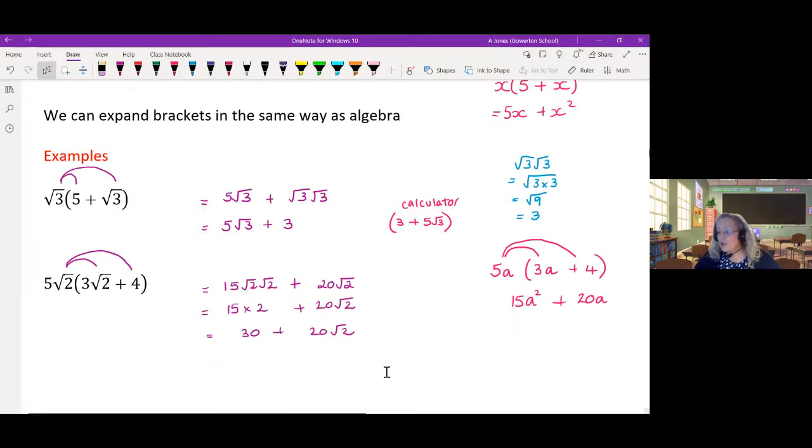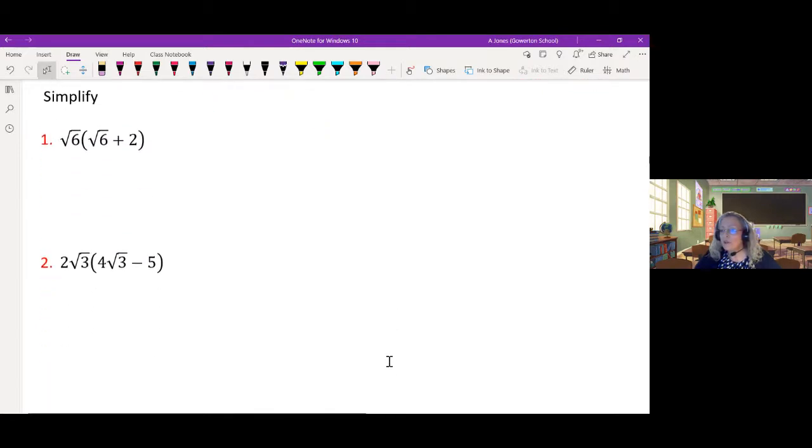Okay, so I've got a couple of those for you to try now. So can you please have a go at expanding and simplifying these?